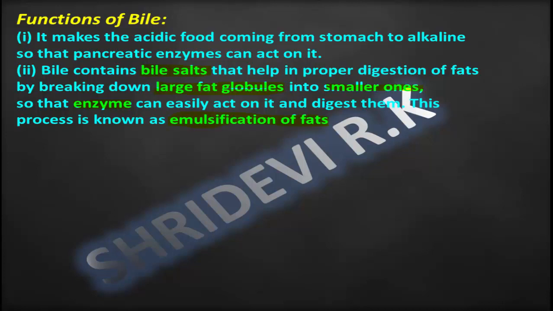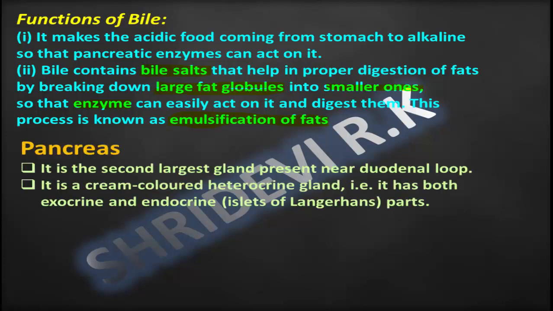So let us move to another very interesting gland which is functioning so differently. It is the pancreas. Pancreas is the second largest gland present near the duodenal loop. Already I told this, but again I am repeating. The duodenum of the small intestine receives both the liver as well as the pancreas.